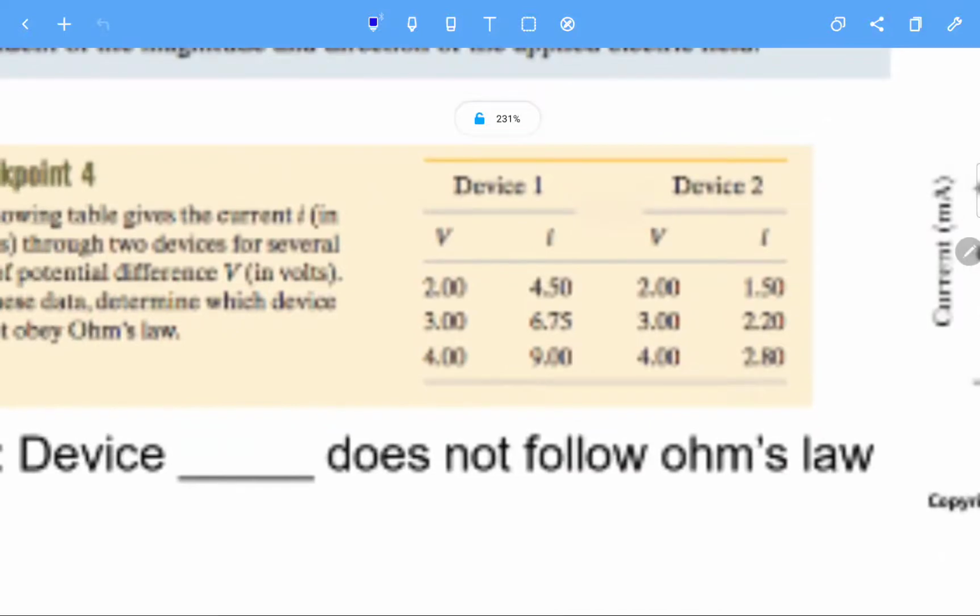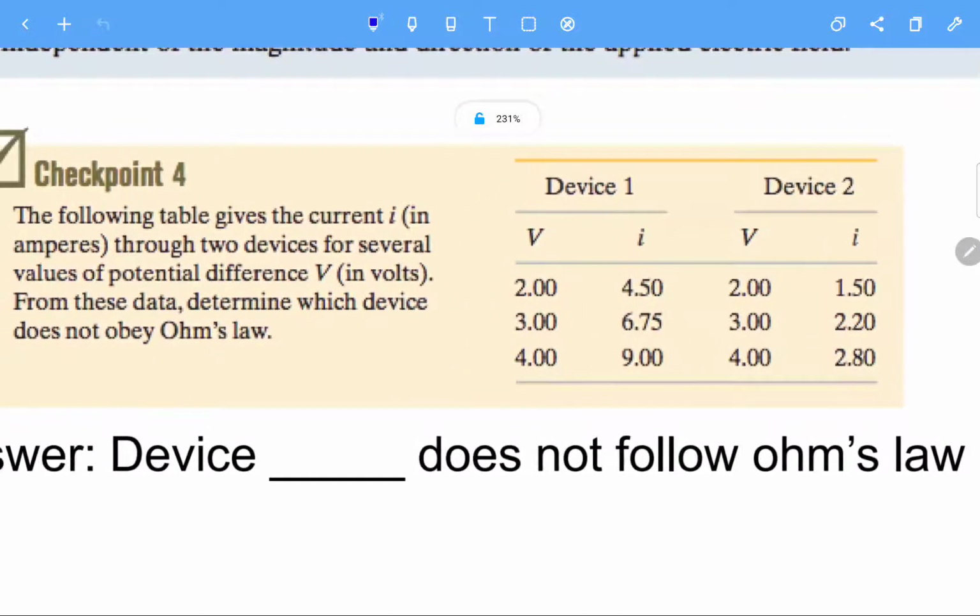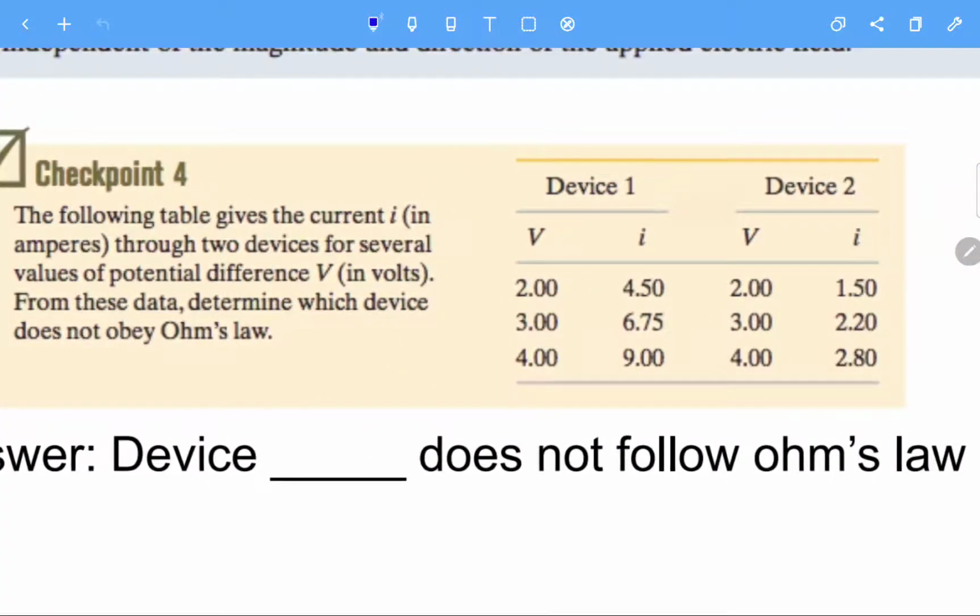So here is a quick checkpoint. We have two devices. It asks you, device 1 or device 2 does not follow Ohm's law? 1 or 2.